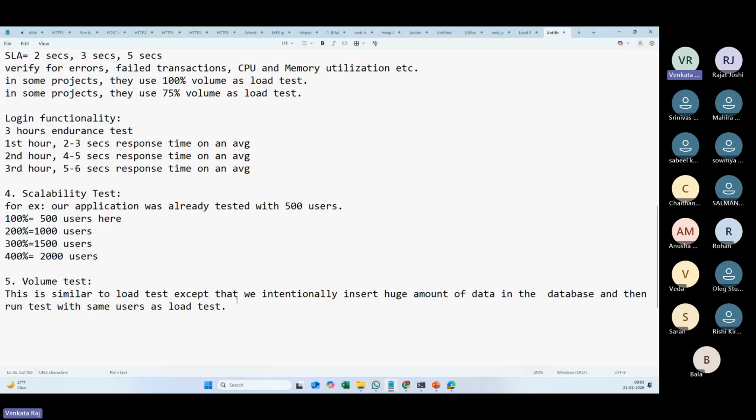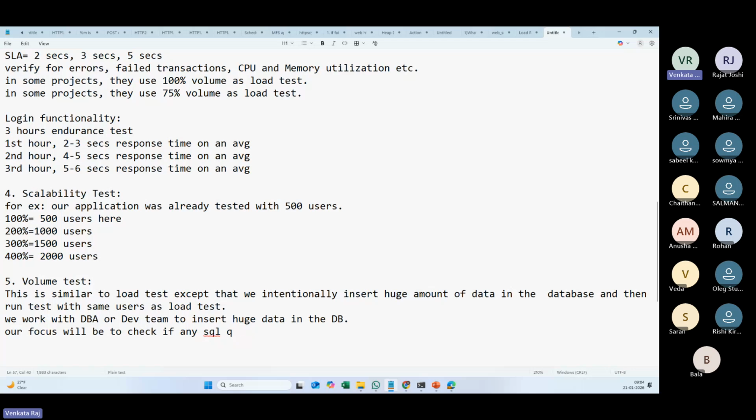So in the volume test, we intentionally work with the DBA. DBA stands for database administrator, or the dev team, to insert huge data in the DB. Our focus will be to check if any SQL queries are running slow.